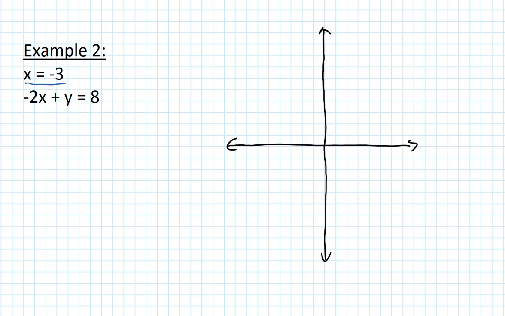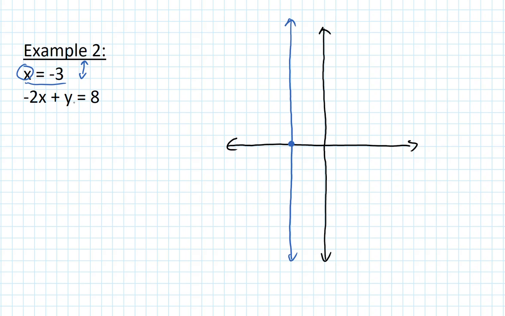If you recall, this doesn't graph in the normal way because there is no y. Anytime you have an x equals, you know it's going to be a vertical line. So you're going to start at negative 3 on the x-axis. The x-axis runs left-right, so negative 3 would be 3 to the left. And it's going to be a perfectly vertical line, a line going up and down through that point. Okay? So that's all you have to do for that first equation.